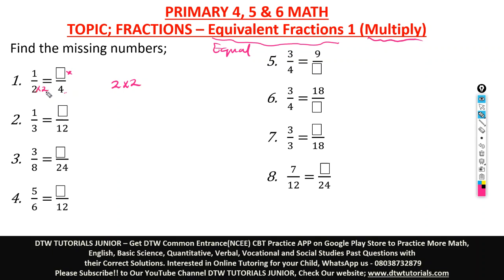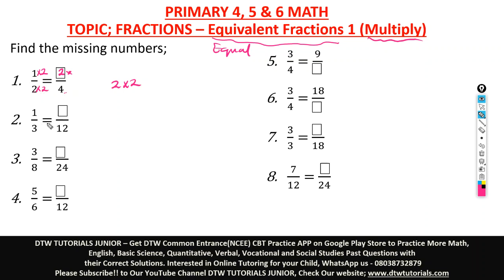So if you do 2 times 2, you also have to do 1 times 2. And what is 1 times 2? That is 2. So our missing number here is 2. So the equivalent fraction of 1/2 is 2/4. And when we come to do reducing fractions, when we reduce 2/4, we get 1/2. Don't worry, we're coming to that.